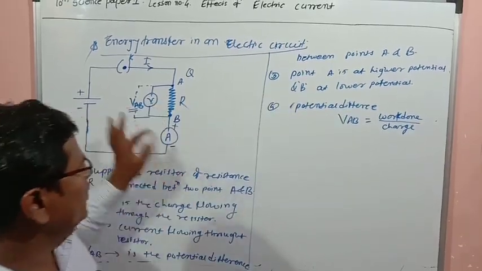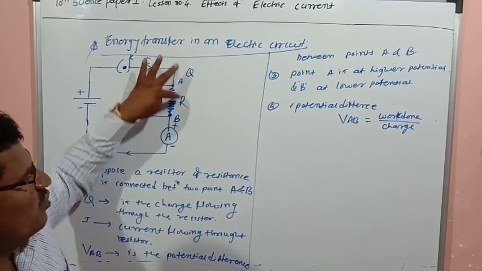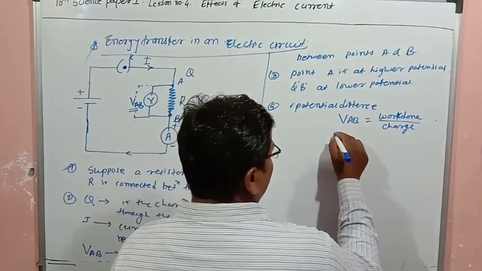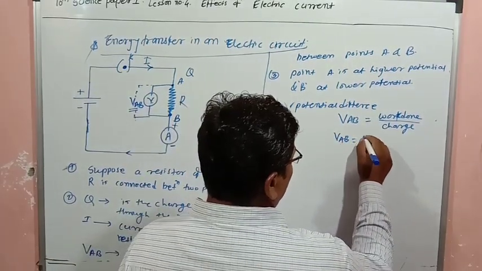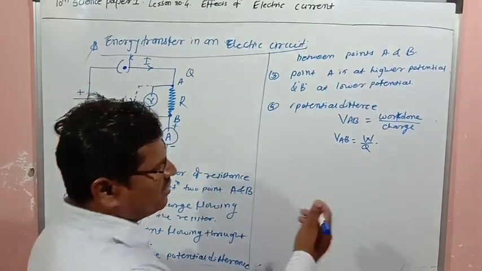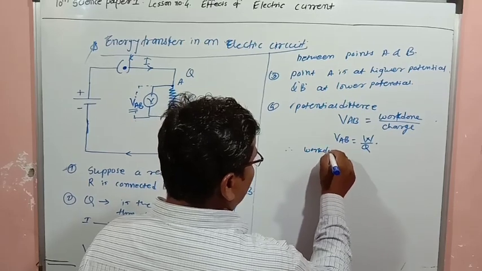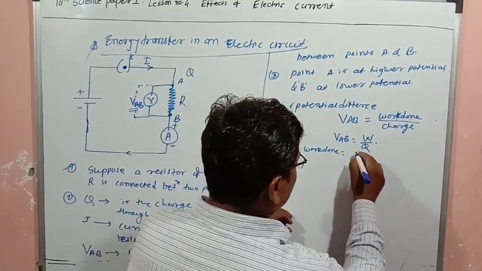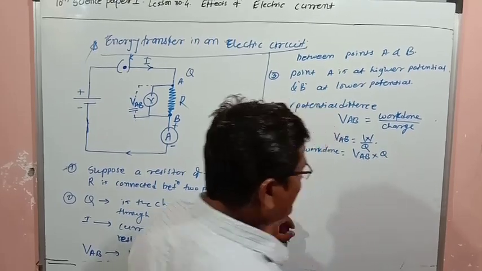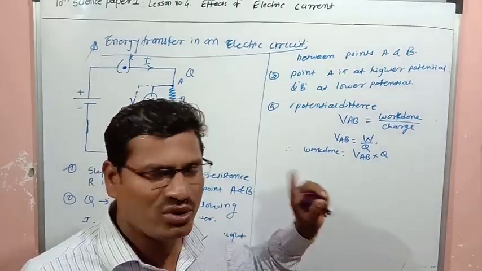So VAB is the potential difference when the charge flows from A to B, and for that work is done, W. So VAB is equal to W upon Q. Therefore work done is equal to VAB into Q.